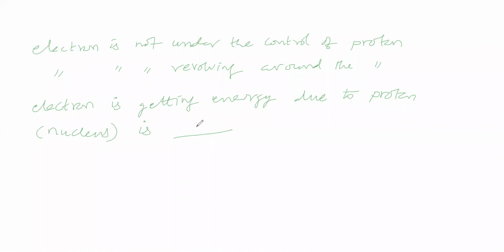Under this condition, what is the energy of the electron with respect to the proton? You know that energy is equal to potential energy plus kinetic energy. Potential energy is nothing but interaction, and interaction is nothing but attraction or repulsion.